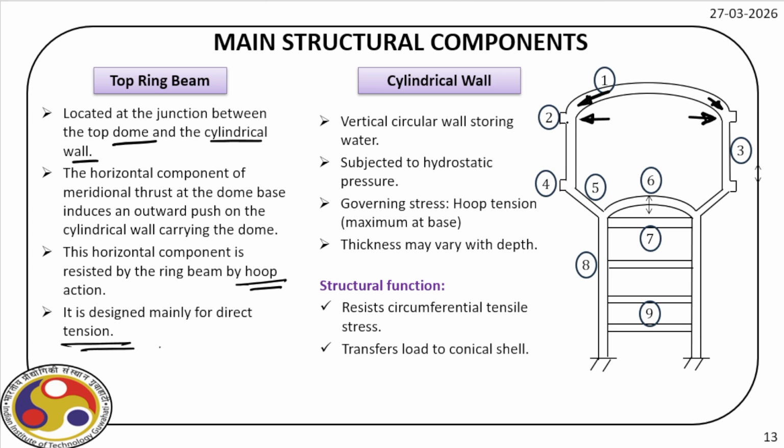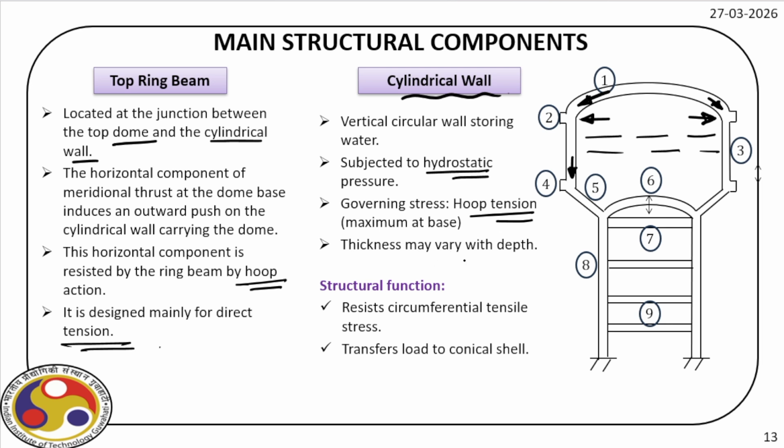Then once we reach this ring beam at the top, next is the cylindrical wall. So it's a vertical wall for storing the water, and it is subjected to obviously hydrostatic pressure because this is filled with water. Then of course the governing stresses are hoop tension, which is again maximum at the base. Earlier also we have seen how to design this kind of vertical wall. So as we go towards the bottom, obviously the hydrostatic pressure also increases, and the hoop tension.